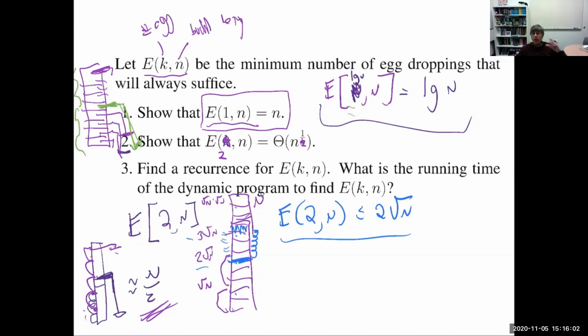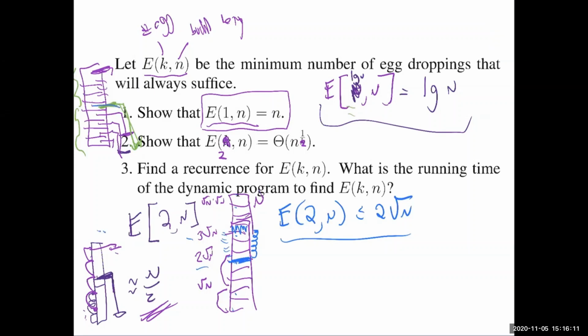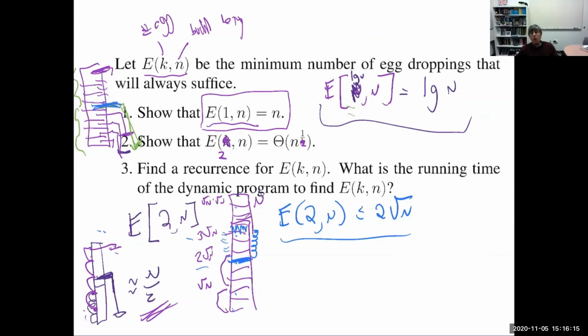Do people get this divide and conquer idea? What you guys were doing before was being either too aggressive in your first toss, which is almost certainly going to cause it to break, or being too tentative with the first egg by only going up 2 steps at a time.